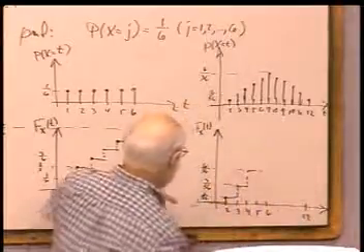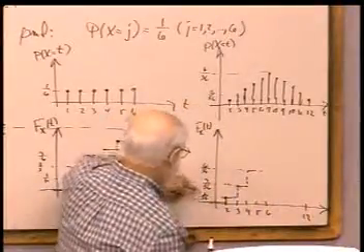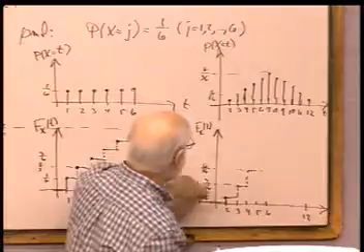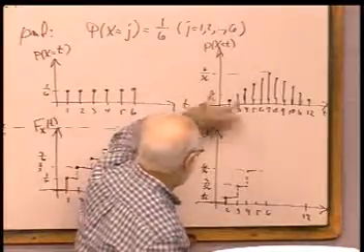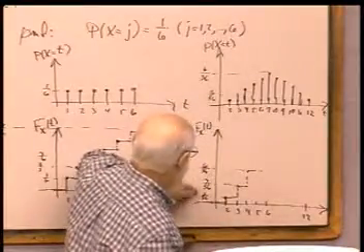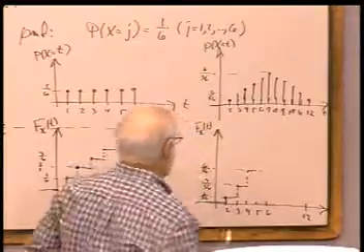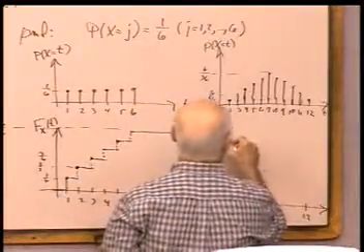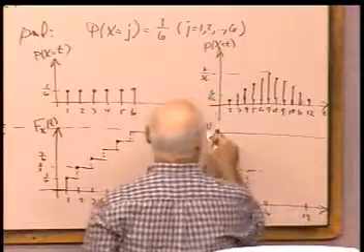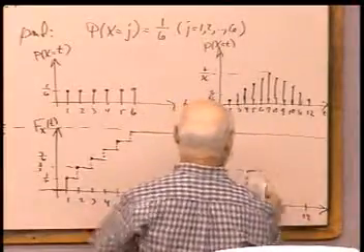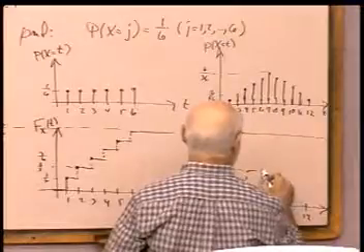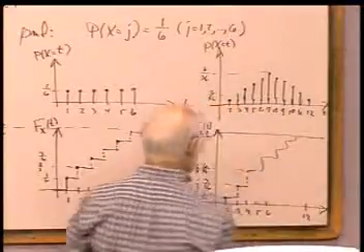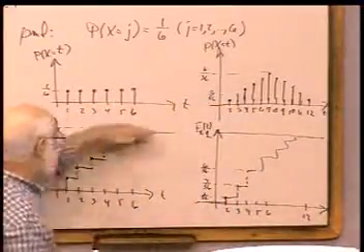Let's see, 1 over 36, 2 over 36, so that would make it 3, 3 would make it 6, and so on. Okay, so we keep on jumping, and then eventually, when it added up everything, it would get to the value 1. So although it's hard to draw the scale here, I'm going to have exactly the same kind of picture, except that the amounts of the jumps are going to be different.